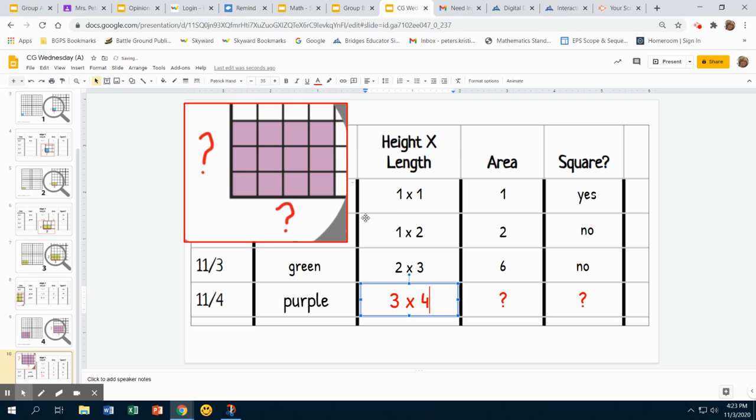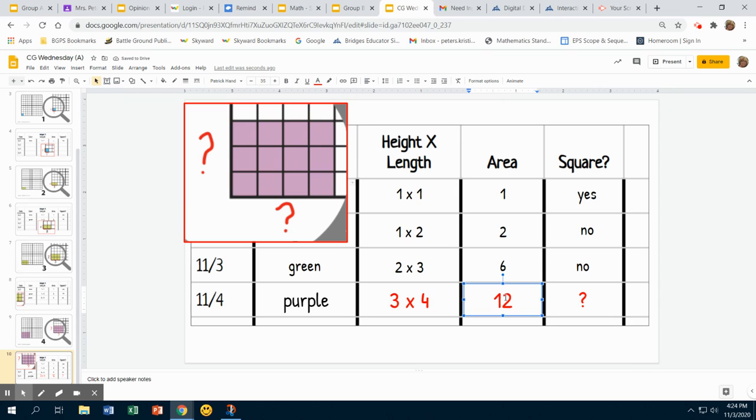So it is 3 times 4. Well, what would the area be? How many square units does it take? If we think about that purple part as being a figure, how many purple squares did it take? If you thought of it as 3 groups of 4, you would be correct. 4 and 4 is 8, and 4 more is 12. So it has an area of 12.